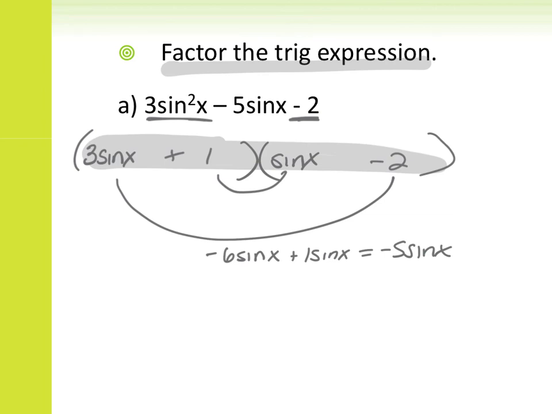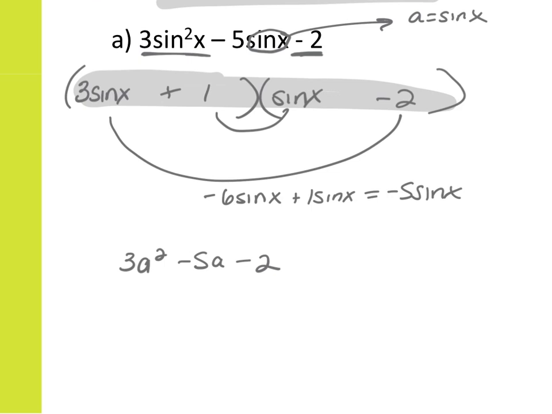If the sines throw you off, then use substitution. So take whatever that middle term is and say A equals sine of x. And then rewrite it without the sine. So it'd be 3a squared minus 5a minus 2. And then you can factor that a little bit simpler. So do the same thing, 3a and a.